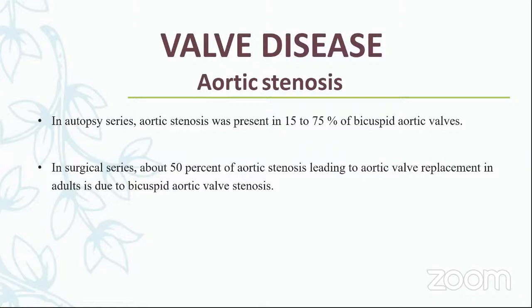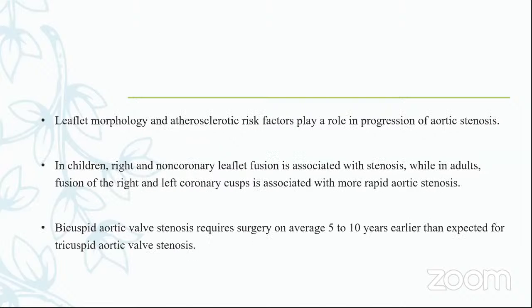Aortic stenosis: in autopsy series, aortic stenosis was present in up to 75% of bicuspid aortic valves. And in surgical series, about 50% of the aortic stenosis leading to AVR in adults is due to bicuspid aortic valve stenosis. Leaflet morphology and atherosclerosis risk factors play a role in progression of the aortic stenosis.